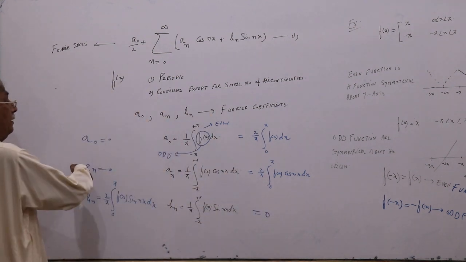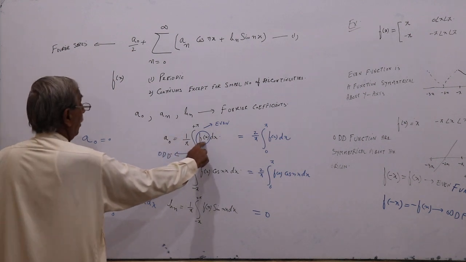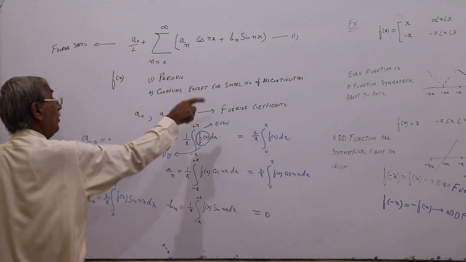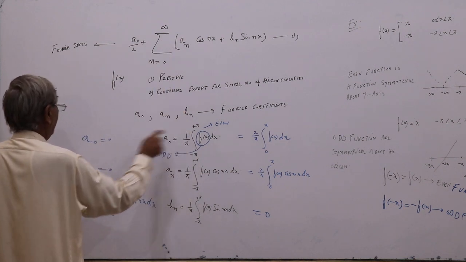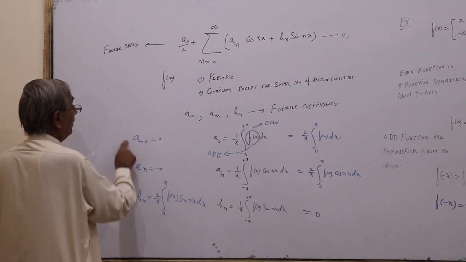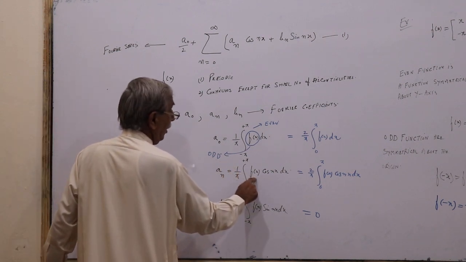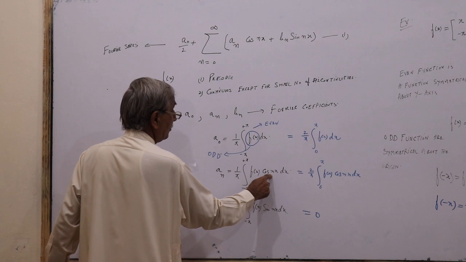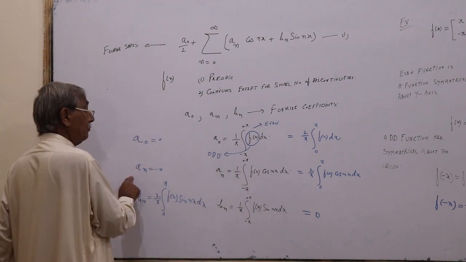Now if you come here, when f(x) is odd, then for any odd function integrated between symmetrical limits with opposite signs, the integral is 0, and therefore a naught is 0. Since f(x) is odd, cosine nx is even, so the product is odd, and the result is 0.